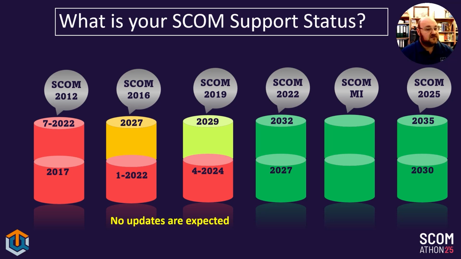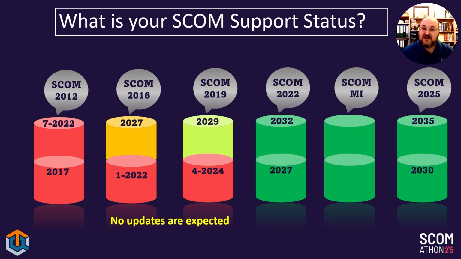So if you are on 2019, you are no longer receiving non-security updates or feature improvements, and you are in extended support. So extended support still has a number of years to go. Keep in mind, this is a standstill environment at the moment.